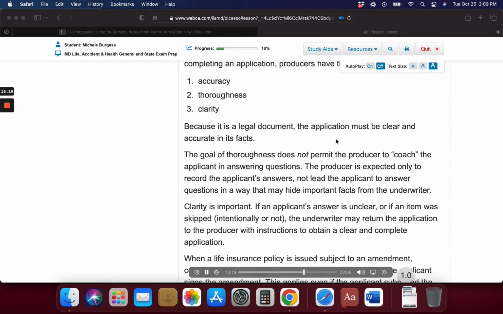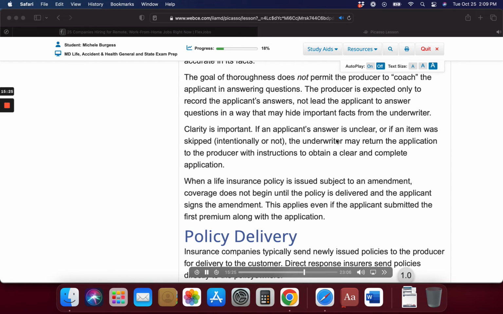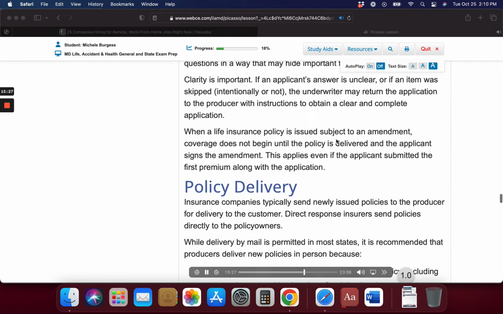The producer is expected only to record the applicant's answers, not lead the applicant to answer questions in a way that may hide important facts from the underwriter. Clarity is important. If an applicant's answer is unclear, or if an item was skipped, intentionally or not, the underwriter may return the application to the producer with instructions to obtain a clear and complete application.